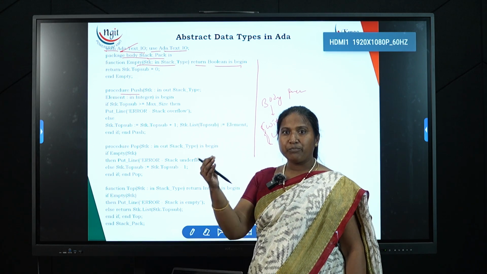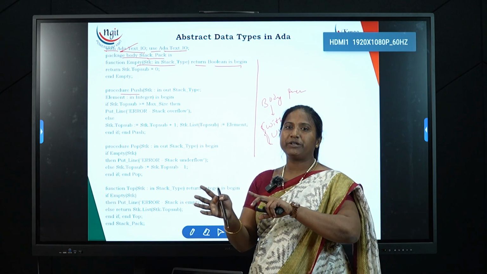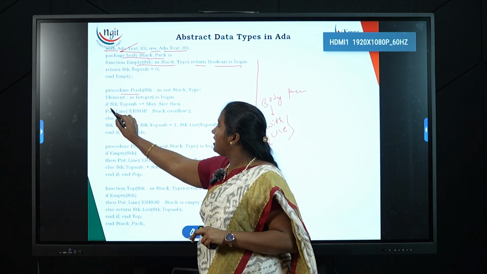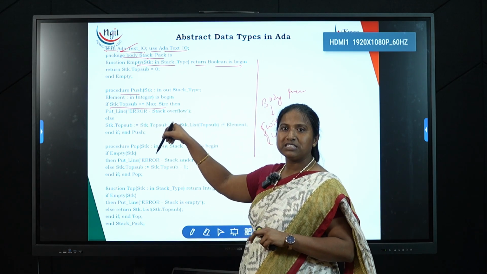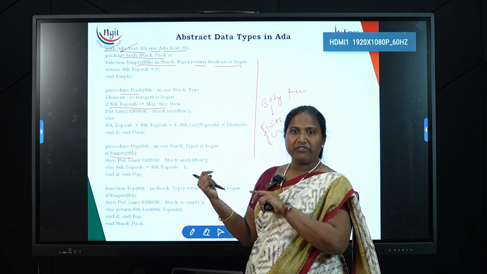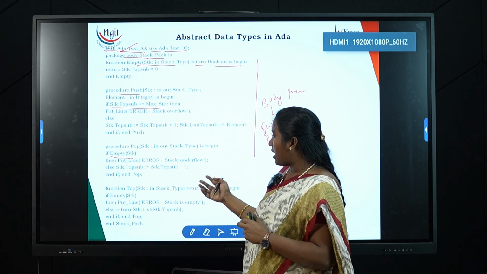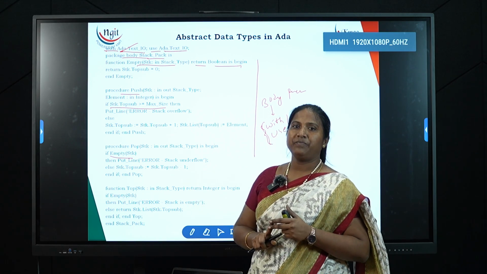When the stack is empty, the push operation can be done. When the stack is full, the pop operation can be done. So we'll take the conditions to put the element inside the stack, and we'll take the condition to pop the element from the stack. So that's about the programming of abstract data types in ADA. Thank you all.